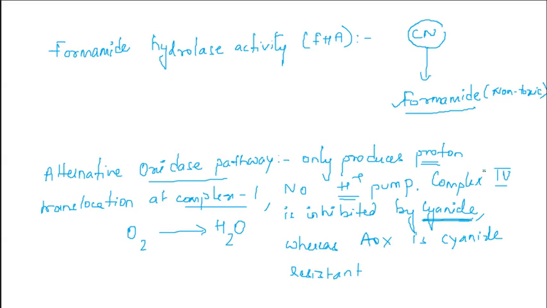So we can say complex 4 is inhibited by cyanide. If cyanogenic glycosides are present, that means cyanide will be produced, and if cyanide is present, then there will be no ATP production. There will be hindrance of the pathway, but we can see that cyanide is produced, but it is not reaching up to complex 4.